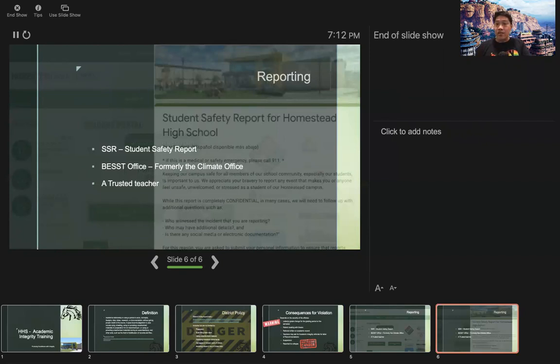It is anonymous. No one will know except for the deans. When you fill it out, please fill it out with as much detail as possible, right? Or you could go directly to the BEST office, which is our office that includes all of the climate office, right? Or a trusted teacher, and they could email us or walk to us and give us the info.